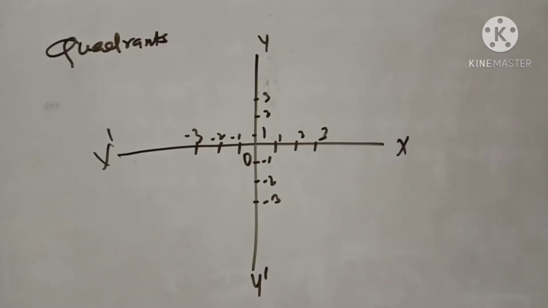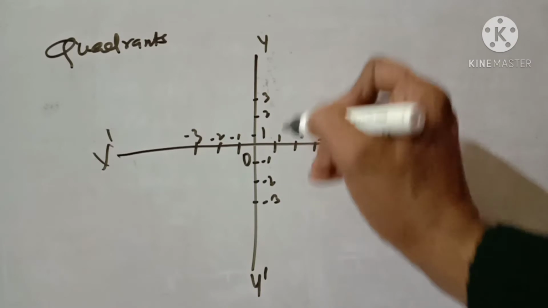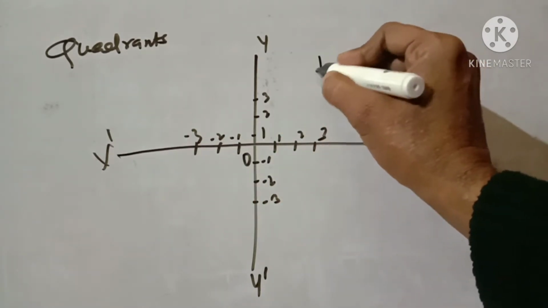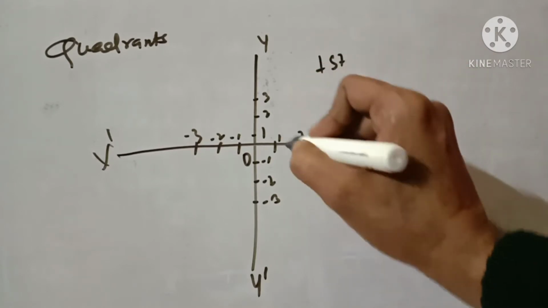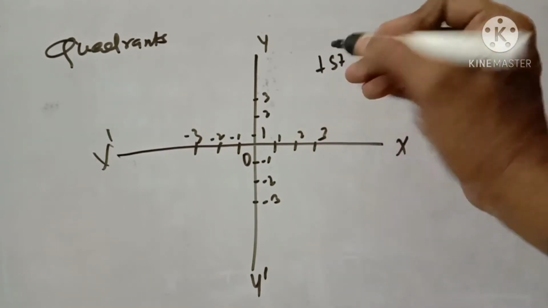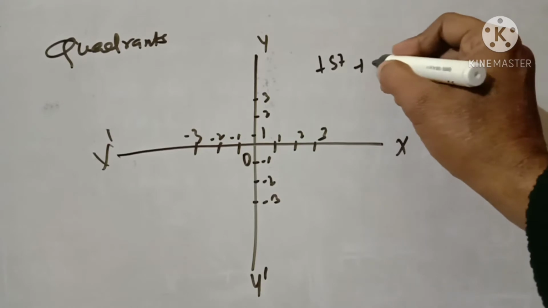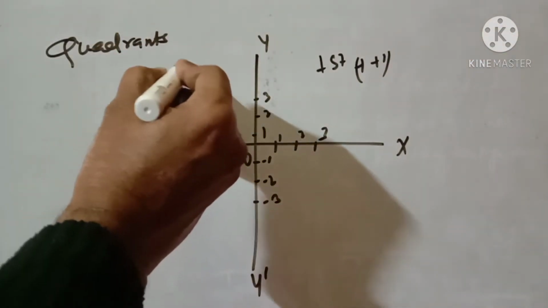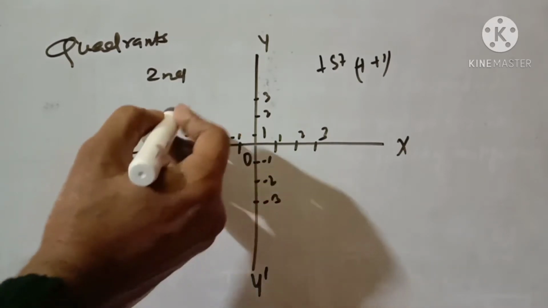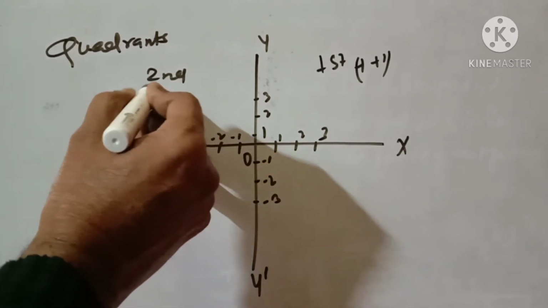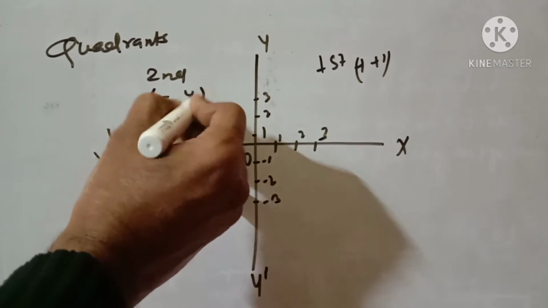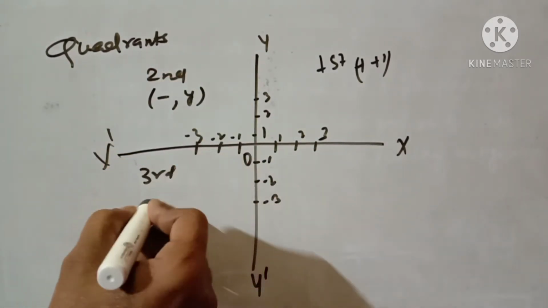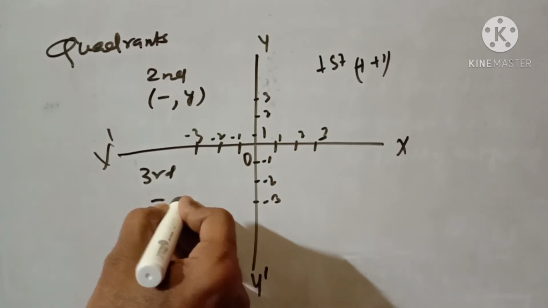Now quadrants. Here this is the first quadrant. First quadrant is always positive, meaning x is positive and y is positive. This is our second quadrant: x negative and y positive. Third quadrant: x negative and y also negative.